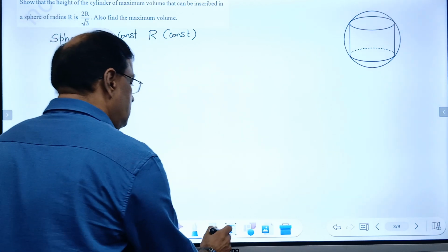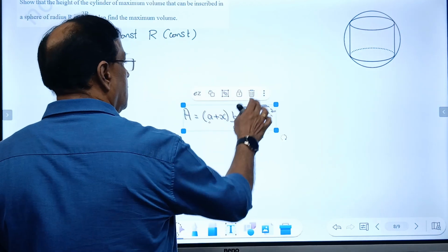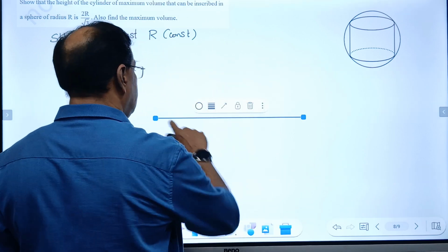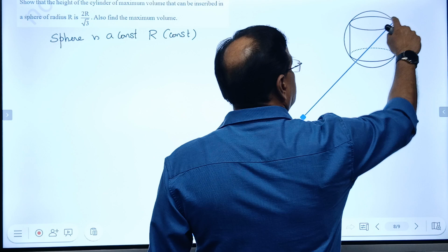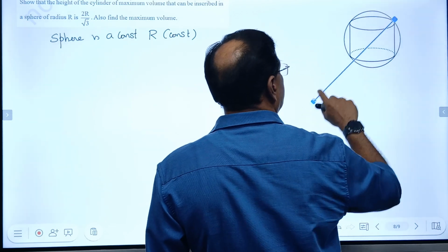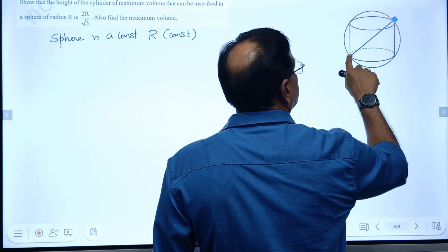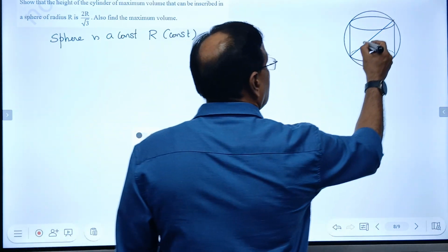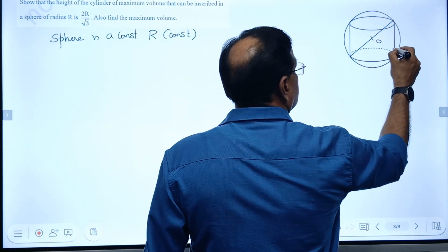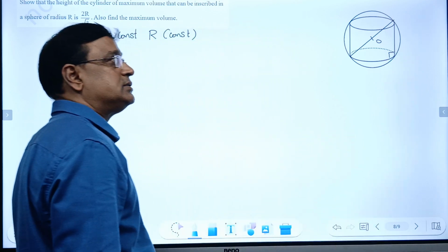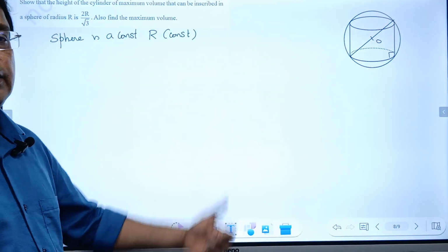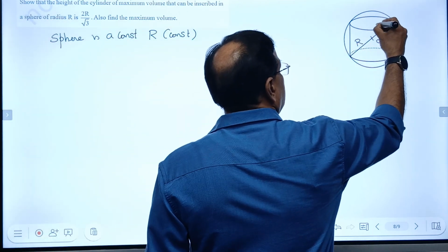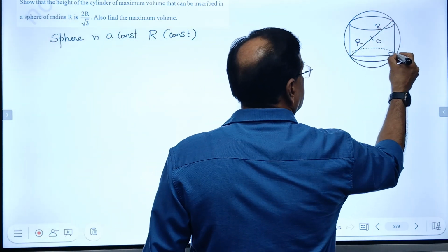Okay. Now let me draw the diameter. And clearly the diameter of the sphere, this will be the diameter of the sphere. Why? This is origin. So this is 90 degrees. You can just understand angle in a semicircle is 90 degrees. Okay. So this is capital R. This is capital R. And this is the radius of the sphere.